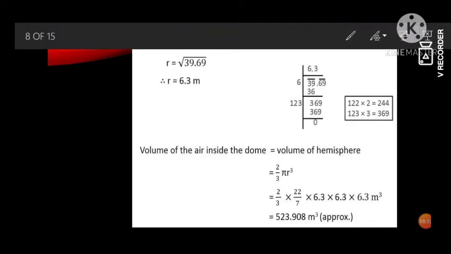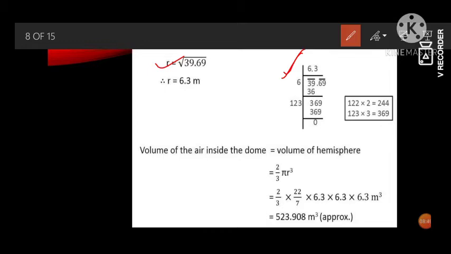Now 39.69 is r square. So r is equals to root over 39.69. Now to find the value of such numbers whose perfect square is not given, we will do it by the long division method. Here we will take the numbers in pairs. So 39 is one pair and 69 is one pair. Whenever we take the numbers in pair, we will start from the right hand side.